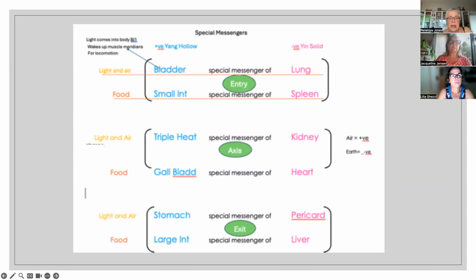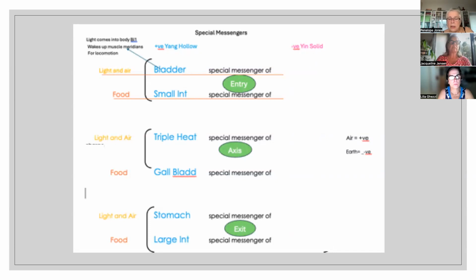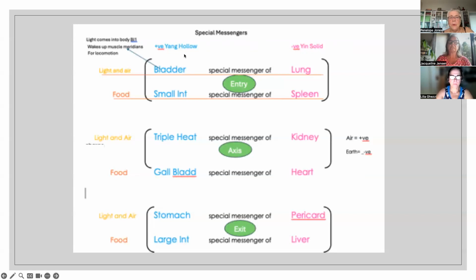So if we go here, these ones are all yang organs. They are yang, they are hollow, and they are the special messengers of the yin organs. And the yin organs are those ones. So all the special messengers are actually yang, which is interesting.